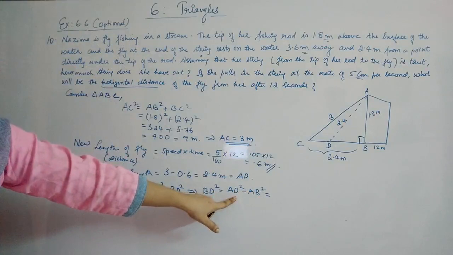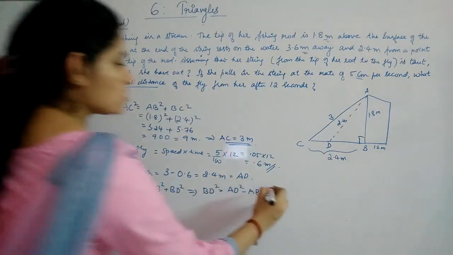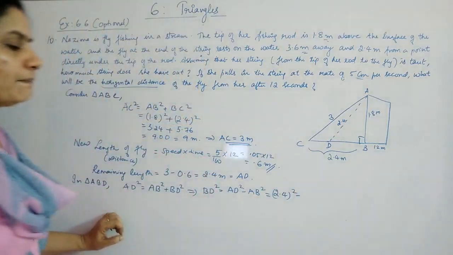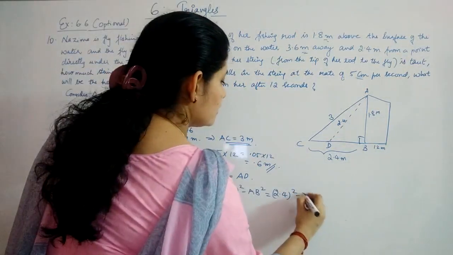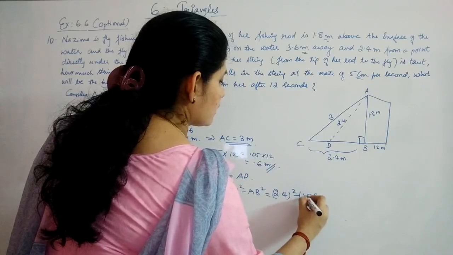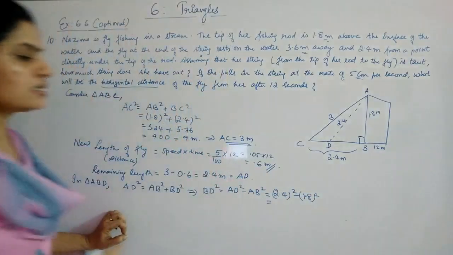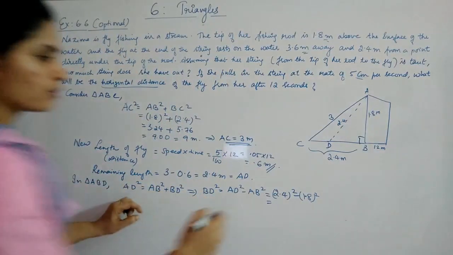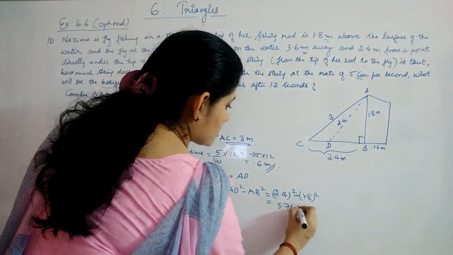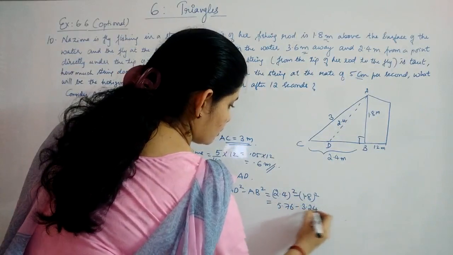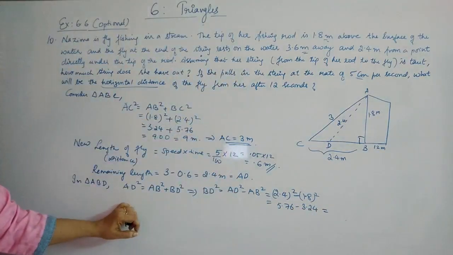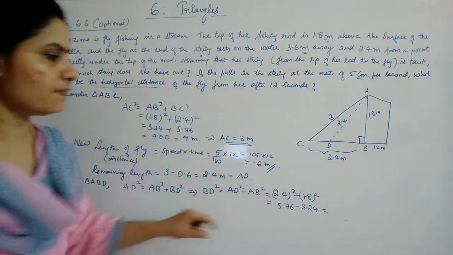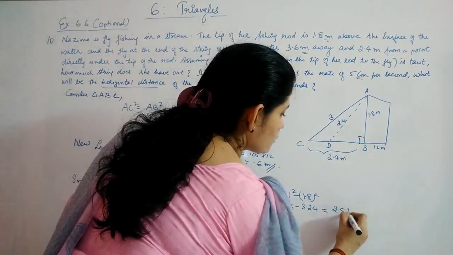What is AD? You have got it to be 2.4. So it is 2.4 the whole square minus, what is AB? 1.8 the whole square. So what you are getting here is 5.76 minus 3.24, which you are getting to be 2.52 meters.